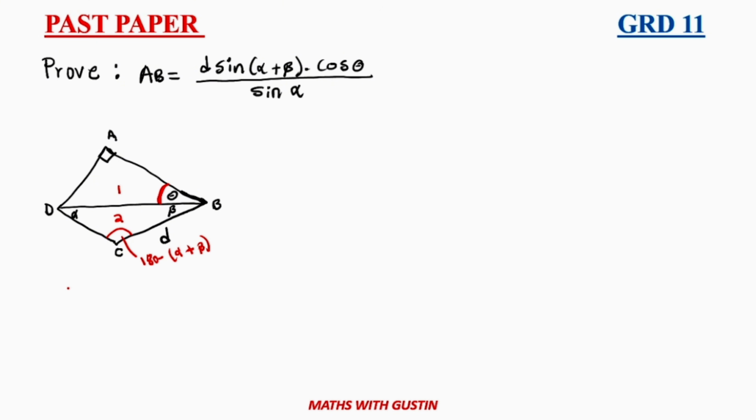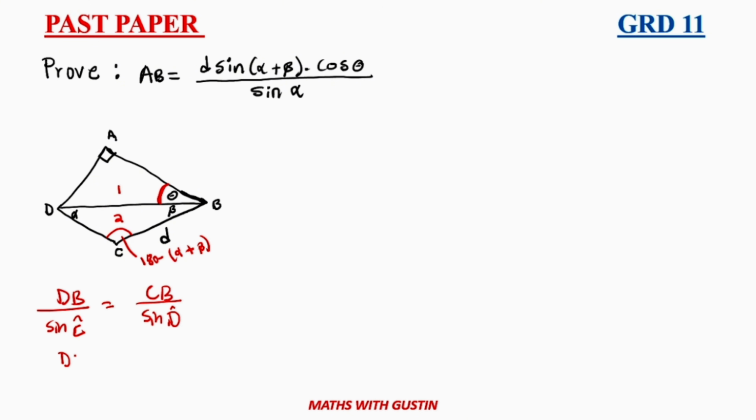So what we can do now is use the sine rule to find DB. In this case, we can say DB is going to be all over sine C, which is that angle there, and then we look for the one that has got a side, which is CB, all over sine D in this case. All right, so let's go ahead and substitute.